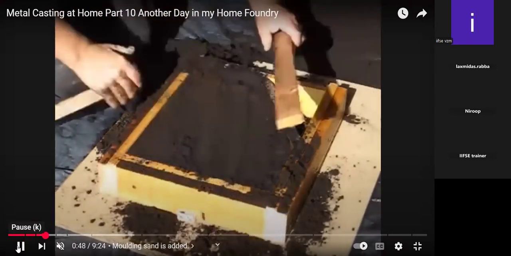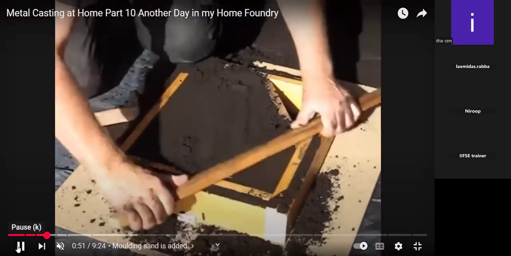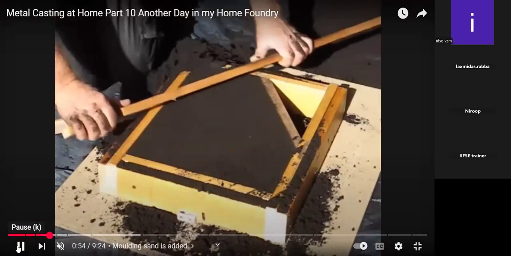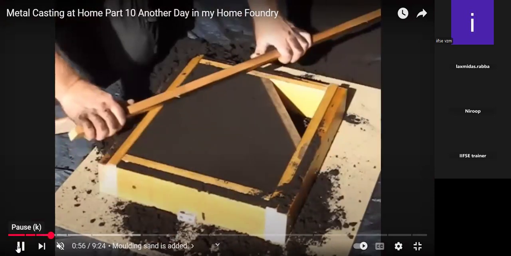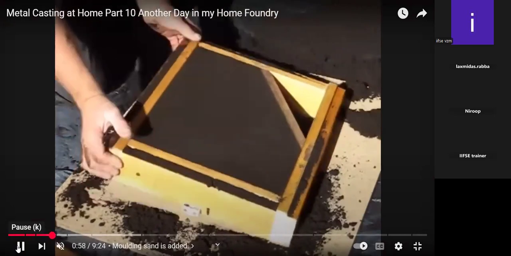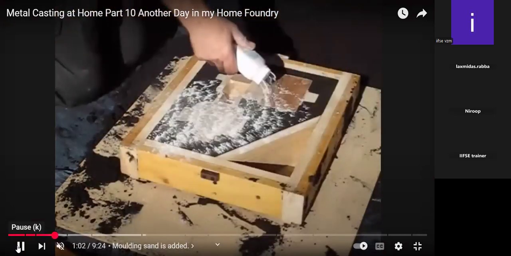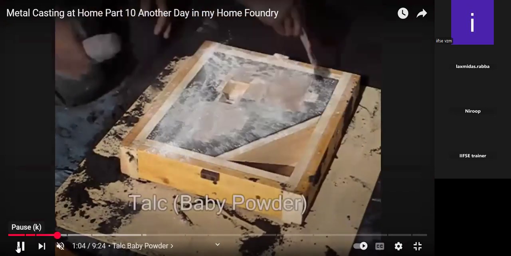The same process happens on a larger scale, especially in the industries. There are industries who do this kind of manufacturing from 50 grams. There are industries who do this process for even 50 tons also.